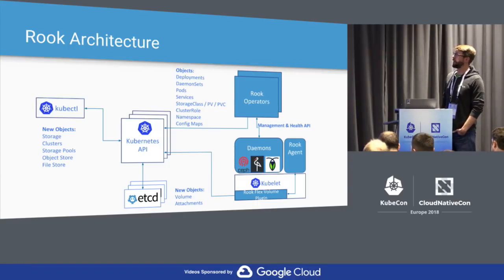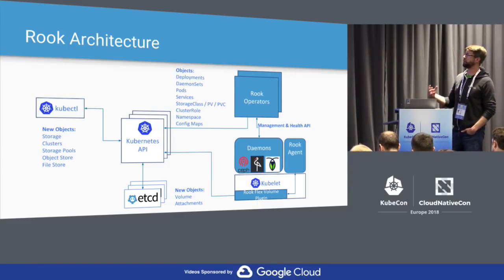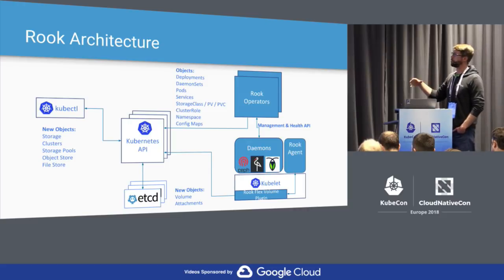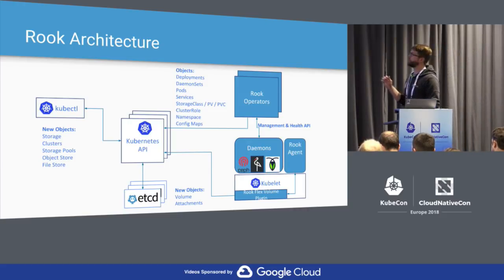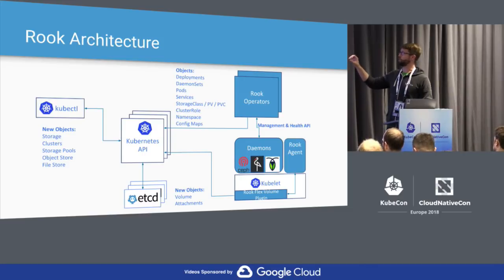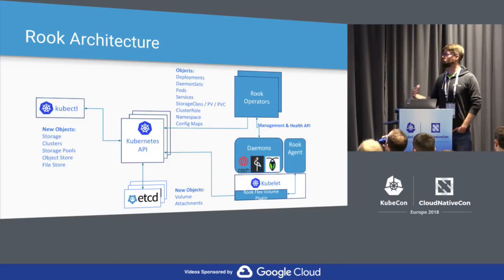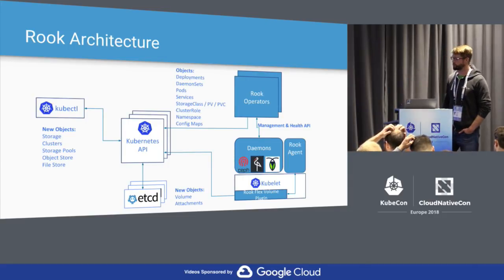In the Kubernetes API, they'll get stored there, and there'll be events for them, such as the user created a new cluster. Now we see in the top right that this is where the operators are watching. They're getting an event from the Kubernetes API that says that new cluster was created, and then it goes out and does the right things in the cluster to make sure that the request from the user for new storage or a new storage cluster has been created, and it's persisted, and it's healthy, and all those sorts of things.